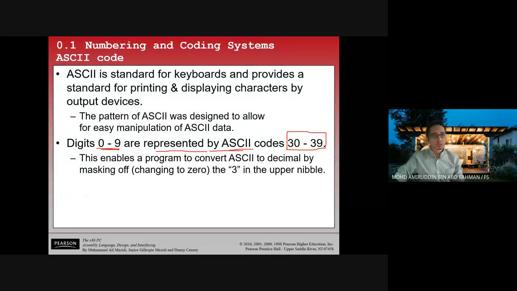This enables a program to convert ASCII to decimal by masking off, changing to 0, the 3 in the upper nibble.